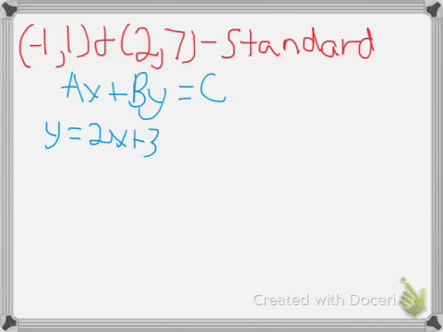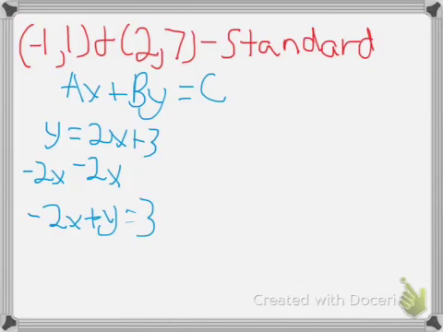Now, to work through this particular problem, you got to just get everything on one side, all the x's and y's on one side. Okay? And to do that, you're going to subtract 2x from both sides. And that's going to leave you with negative 2x plus y equals 3.